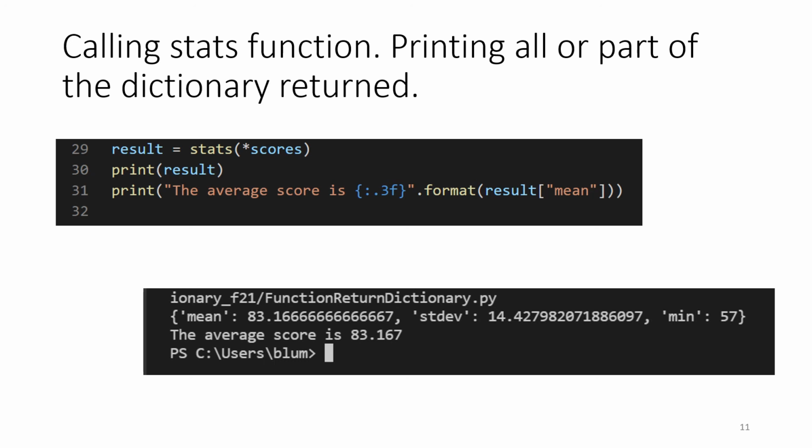So that's saying that we want 3 decimal places. And then after the end of the statement, the closing quotation mark, then we say dot format. And then we're going to say that we want result, which is a dictionary, and then we say square bracket mean. So we want a particular value associated with the key mean. So we're only picking out one of the parts of the dictionary in this case.